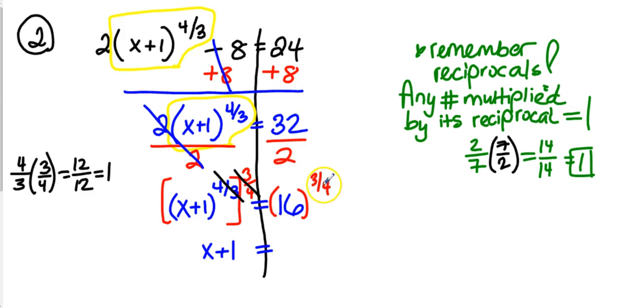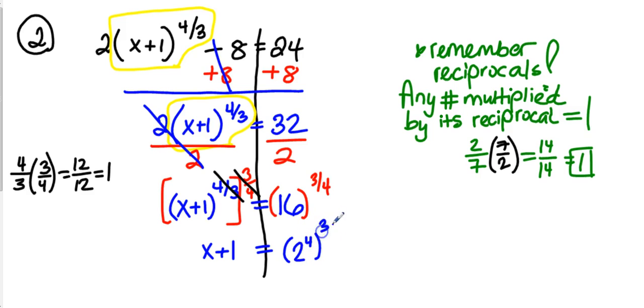Remember, this is power, this is root. So is 16 in the x to the 4th column? Pause if you need to go get your chart. I'm hoping that in your chart you see 16 is in the x to the 4th column. And I can rewrite 16 as 2 to the 4th.